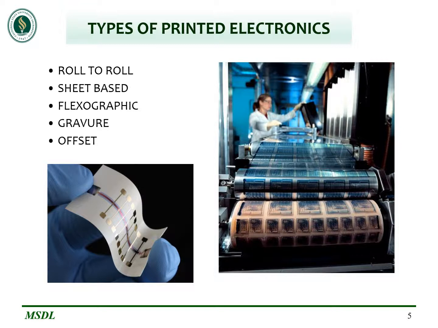This is mostly used for low volume. The third one is flexographic, where the final pattern stands out from the ink transfer. The fourth one, gravure, is the reverse process of flexography, where the image to be printed is negative. And the fifth one is the offset type.